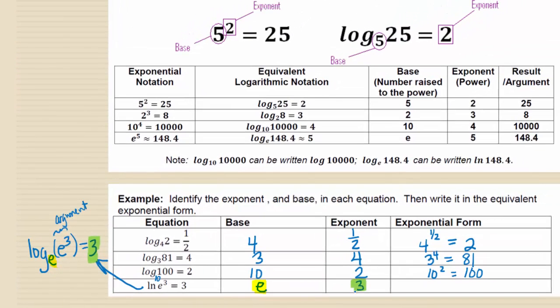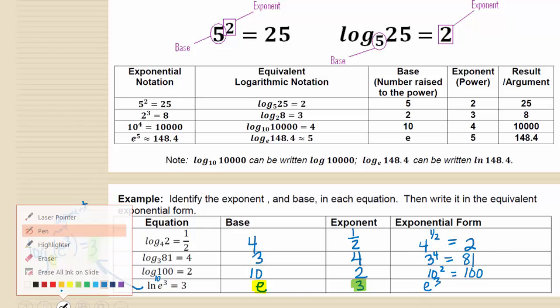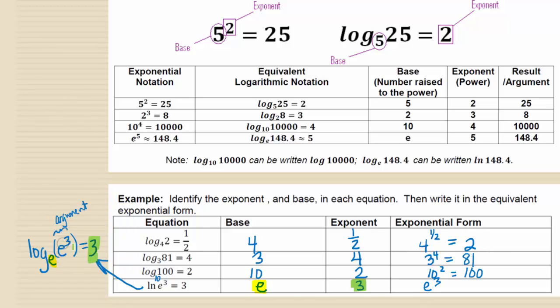So that must mean that e to the 3rd power, the 3 is coming from the exponent, the e is coming from the base, is equal to the number that's left over there, which is what? E cubed. So that looks weird, right? E cubed equals itself, but the base to the power equals whatever's in the argument.